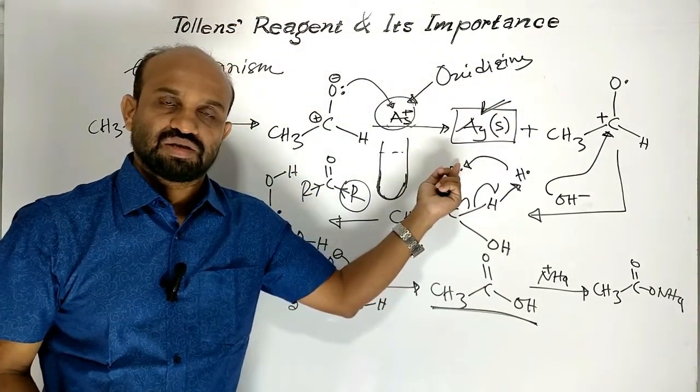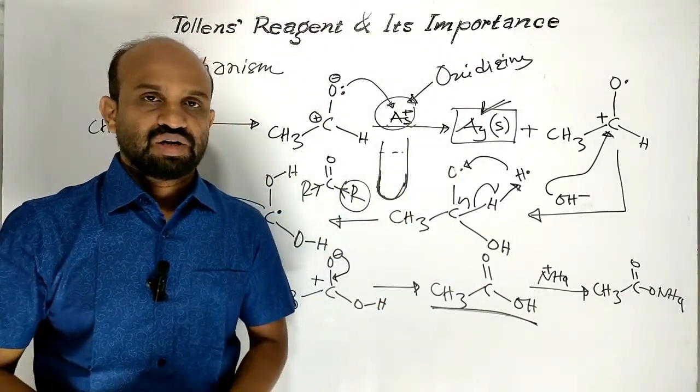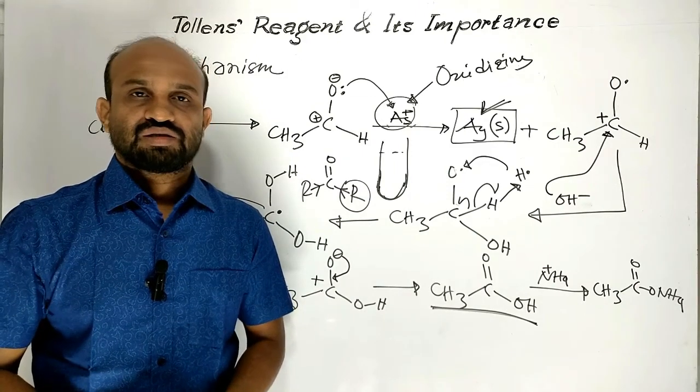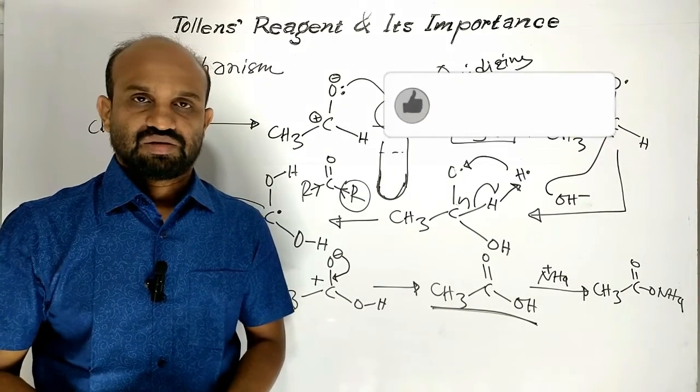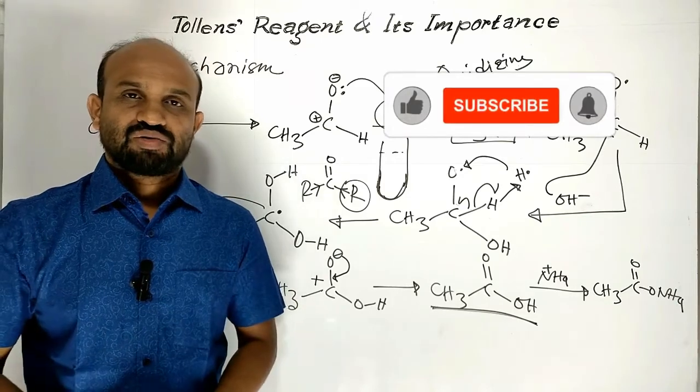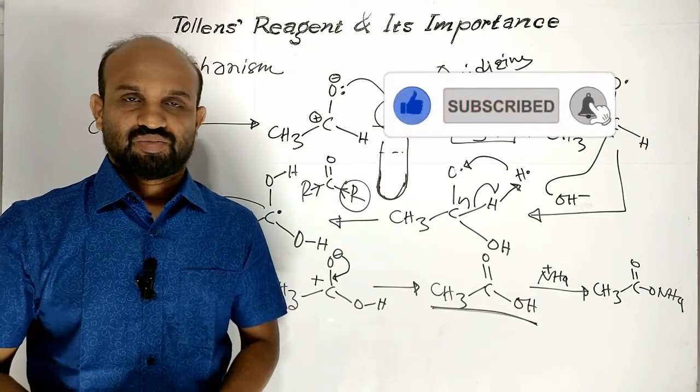That is, in this reaction, silver ion, Tollens reagent, acts as an oxidizing agent. This is all about Tollens reagent and its importance.